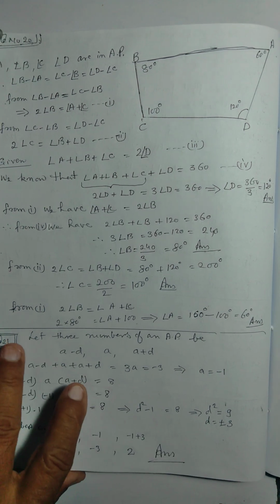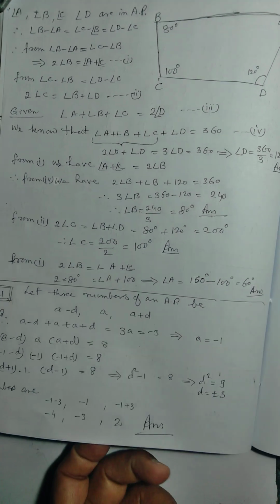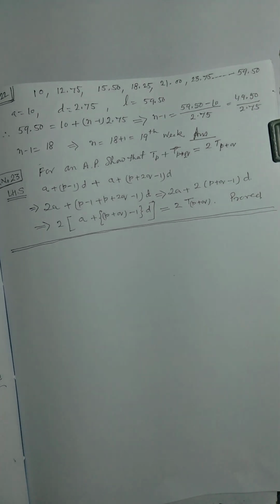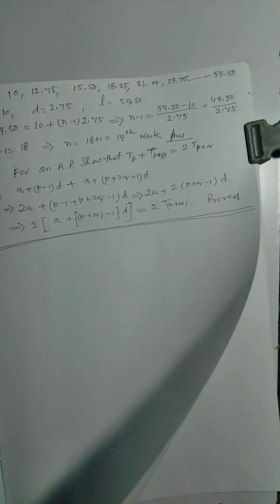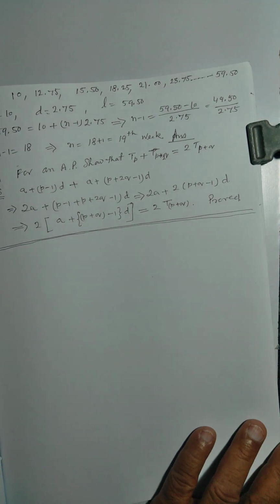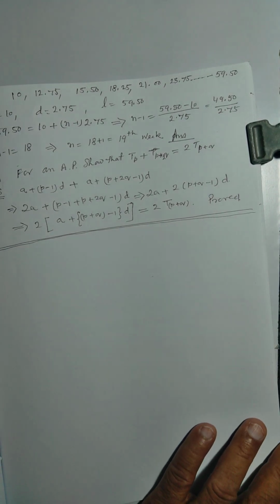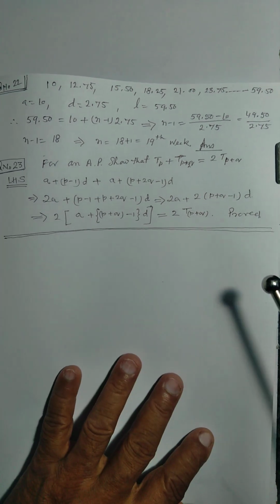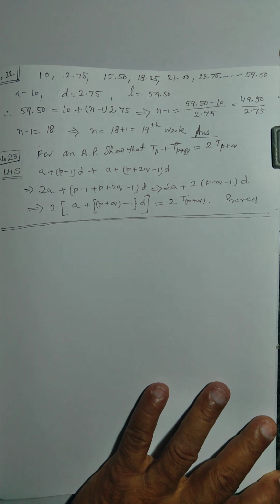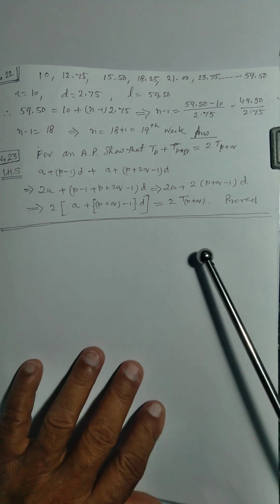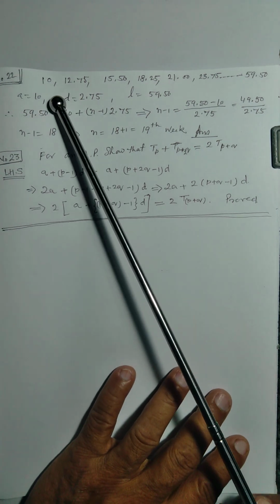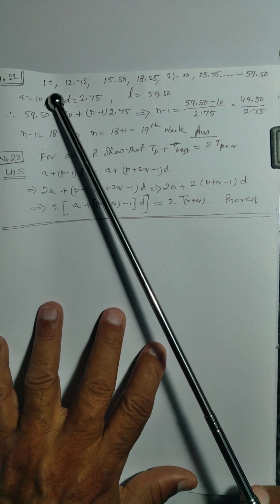Now come to question number 22. Ram Prasad saved ₹10 in the first week of the year and then increased his weekly saving by ₹2.75. You see, in the first week he has saved ₹10.